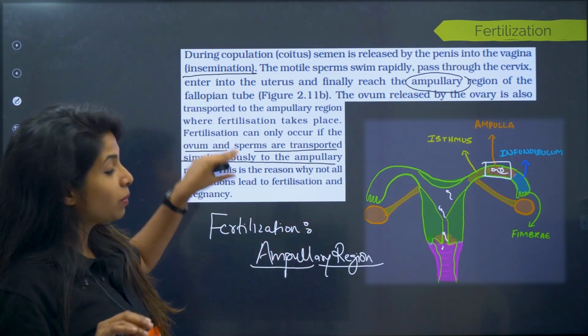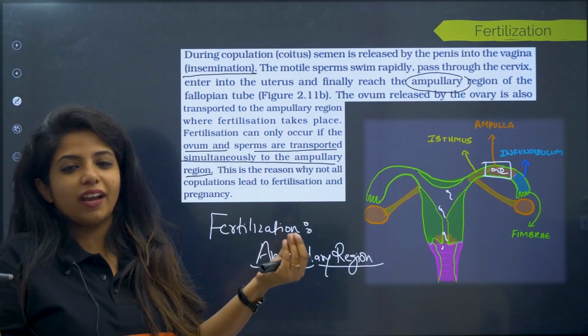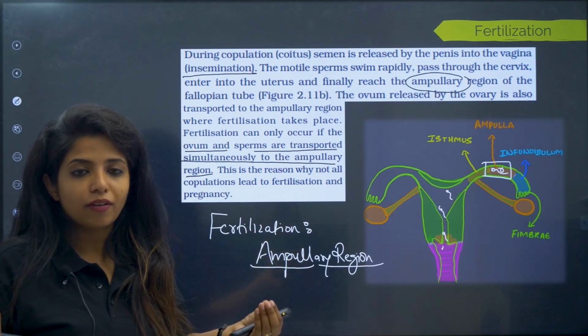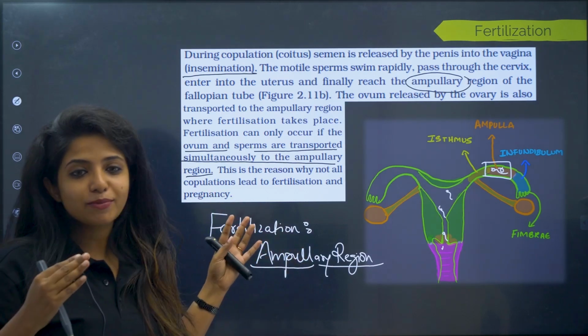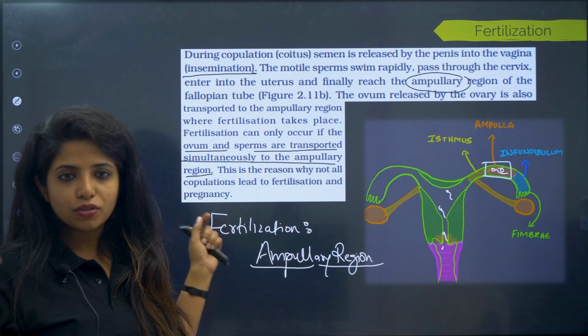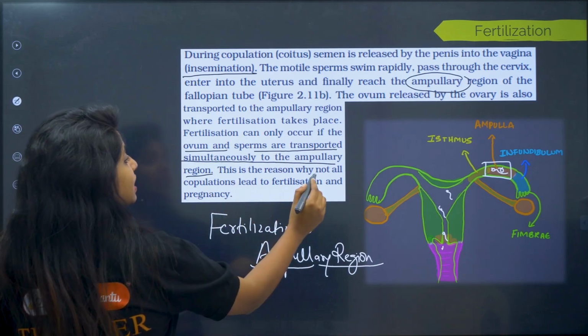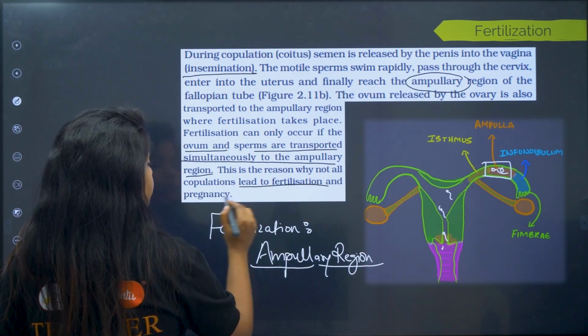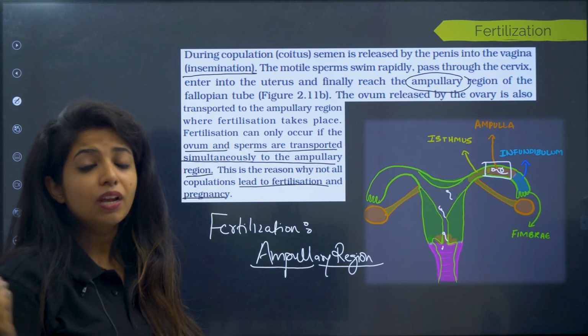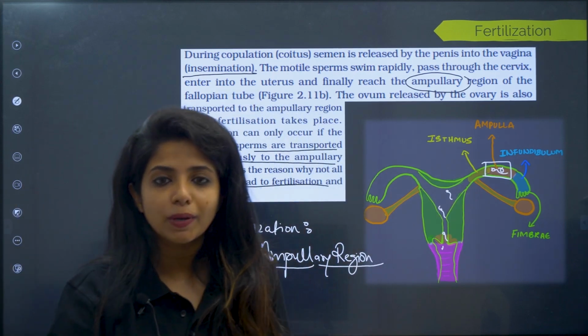Now this statement, you might be thinking, what kind of statement is this? Very simple to think of, but during exam, when it comes directly, we tend to forget things. So please remember this. This is the reason why not all copulations lead to fertilization and pregnancy. This is why not all sexual intercourse lead to what? Pregnancy.